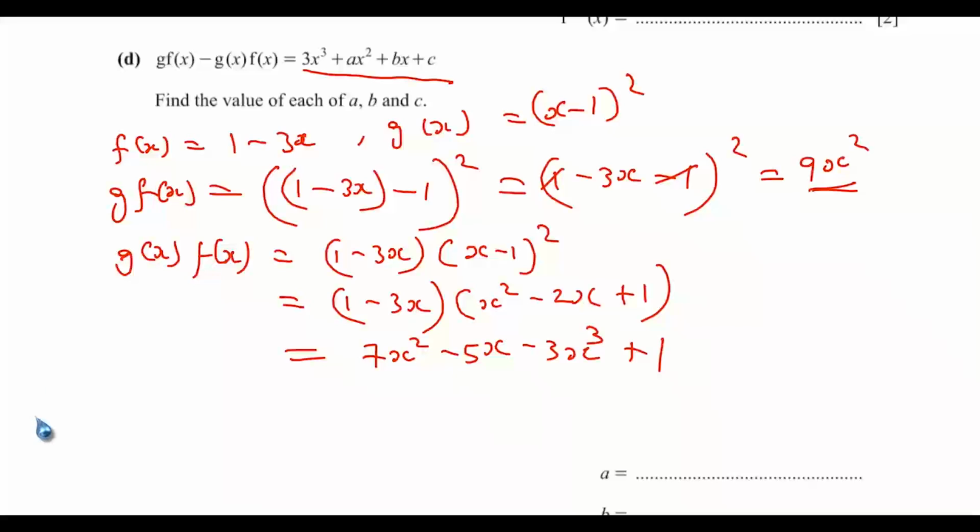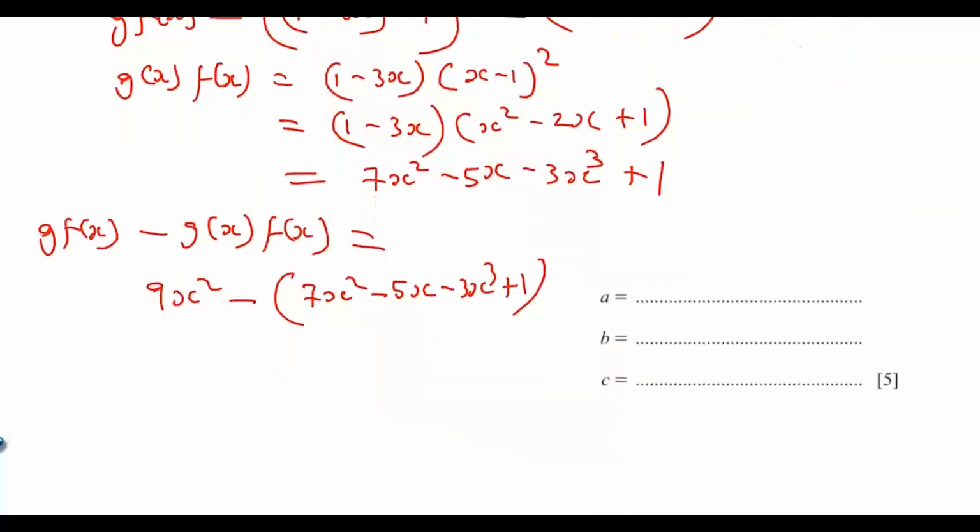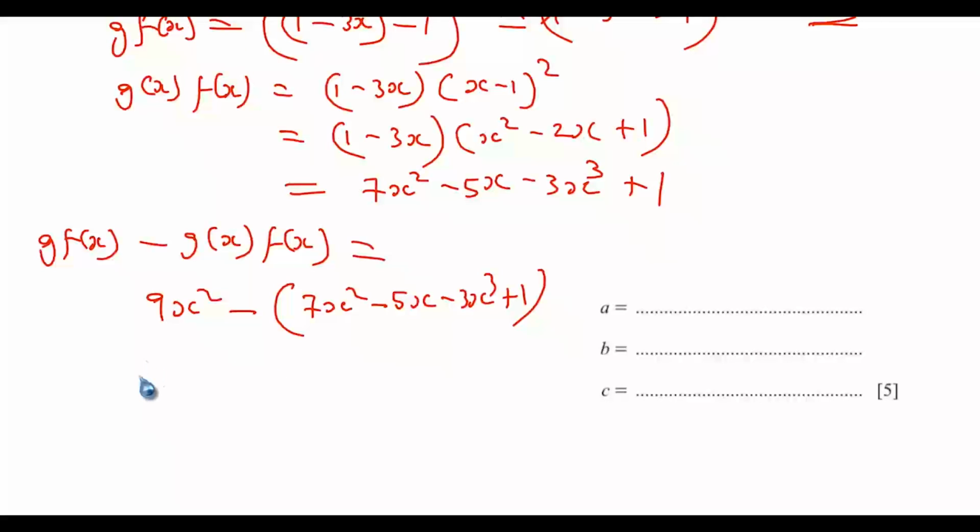So that means we can say that g f of x minus g of x multiplied by f of x should be equal to g f of x, which is 9x squared, minus, in bracket, 7x squared minus 5x minus 3x cubed plus 1. So let's expand the brackets by the minus.